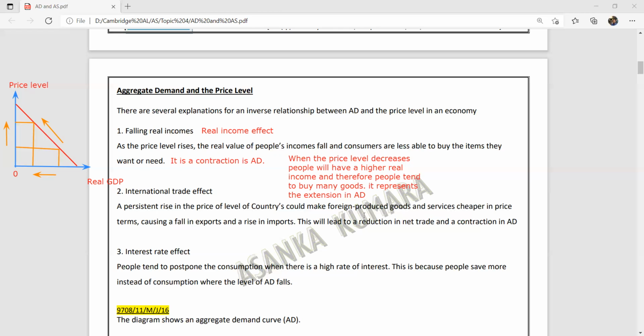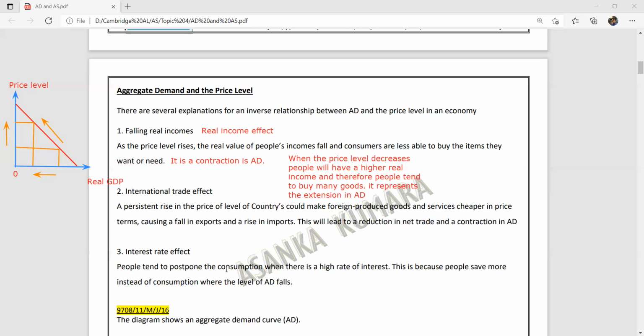As a result, foreigners, non-residents, purchase less, then the aggregate demand falls. As well, when the price level goes down, our goods are cheaper abroad, then they buy many units, then aggregate demand increases. Once again, the price level and aggregate demand are inversely related.